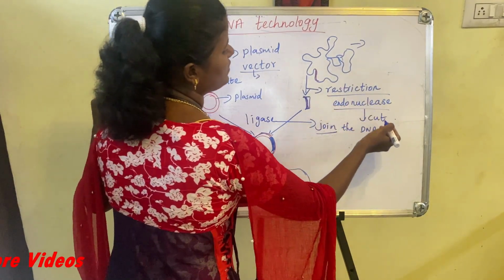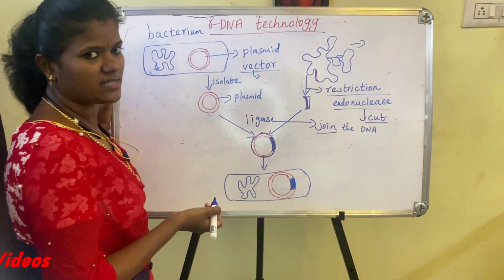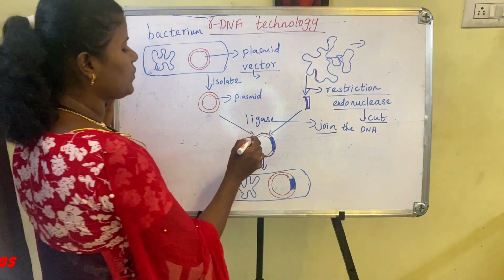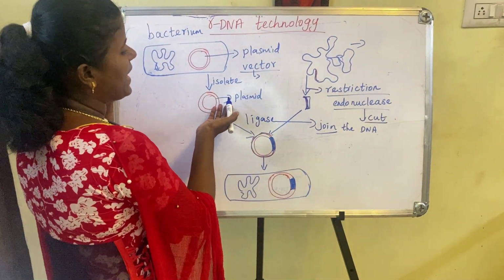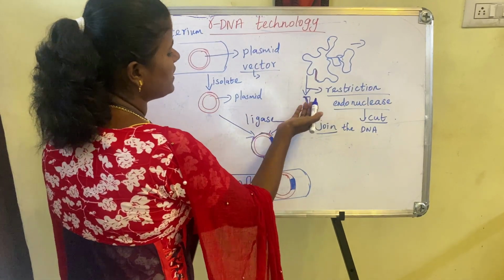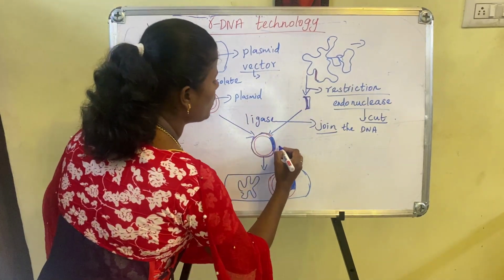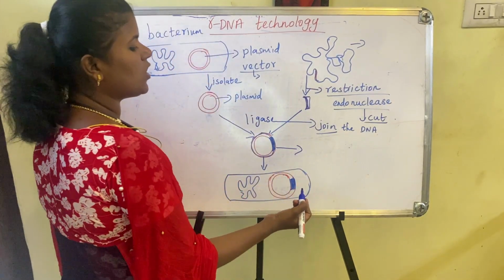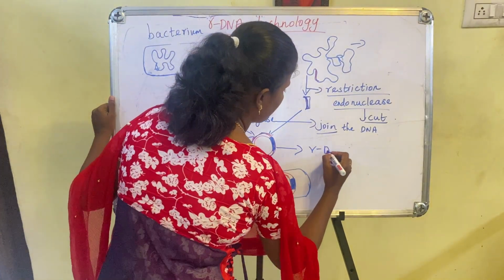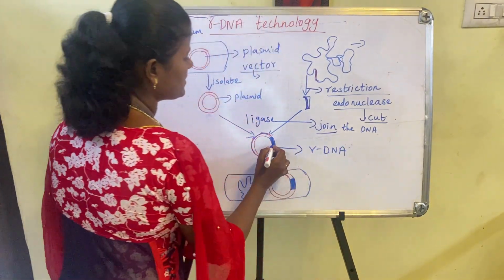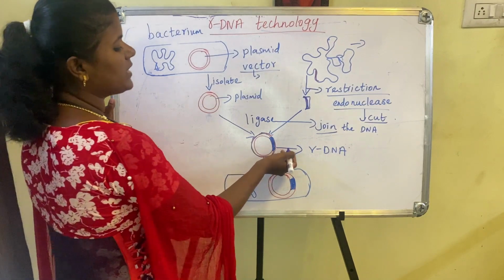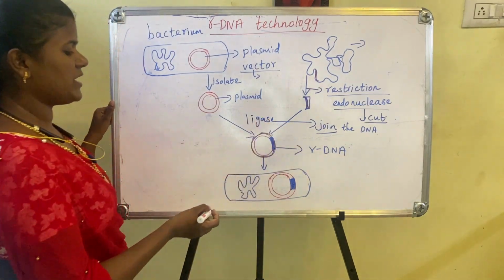Restriction endonuclease is used for the cutting process. Understand? Is this clear? Now we have joined the plasmid vector with DNA. Now we got rDNA, the recombinant DNA.